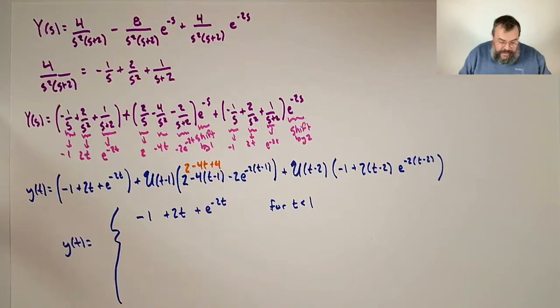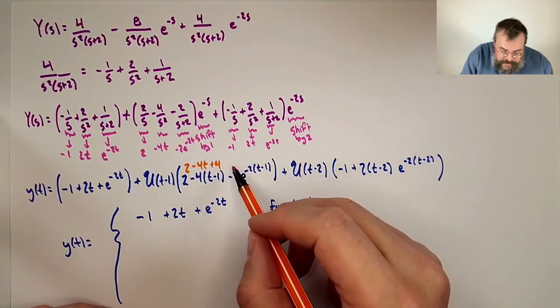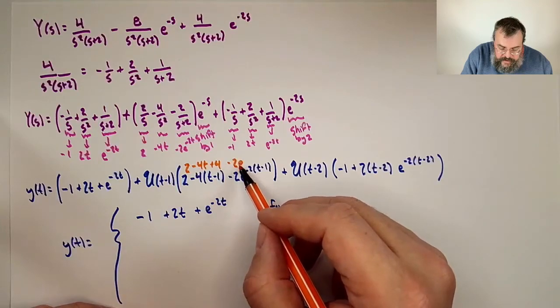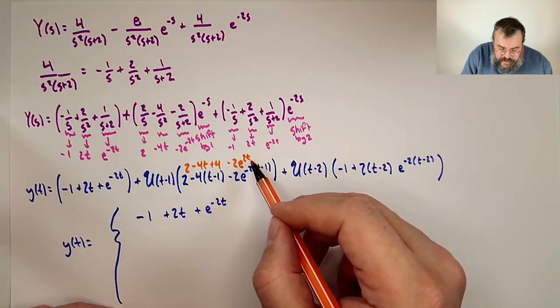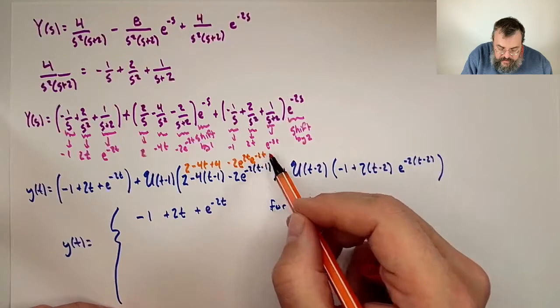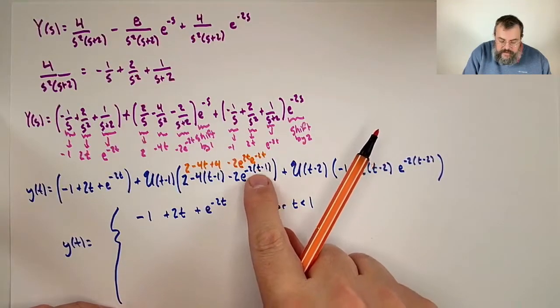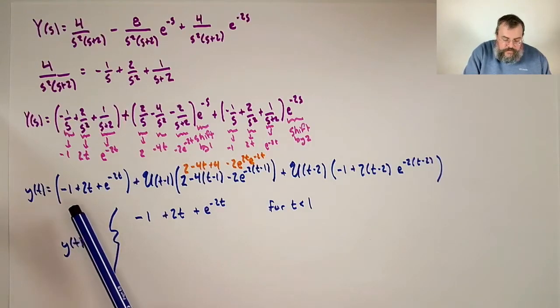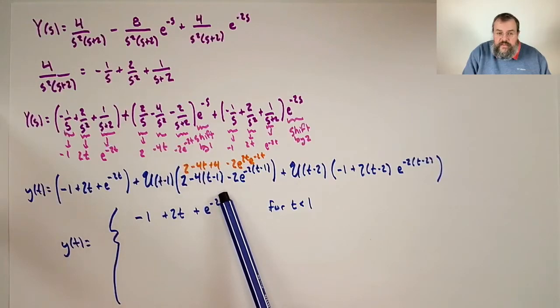And the other thing is, of course, here you can think of this as minus 2 e to the positive 2t times e to the minus 2t, because you can think of the minus 2 going through. Okay, so let's see what we have. We've now switched on both pieces.